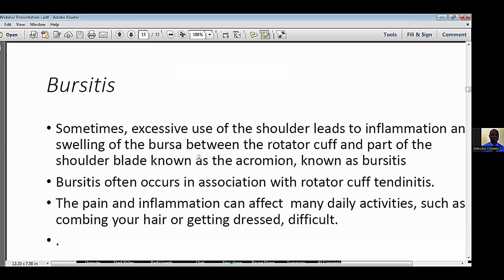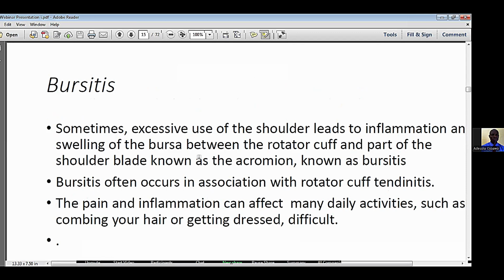So we can now talk of bursitis. I think by next week, all things being equal, we are going to go to examination and differential diagnosis, because it's important for somebody to be able to know what is the problem of the patient. Is it bursitis? Is it tendinitis?